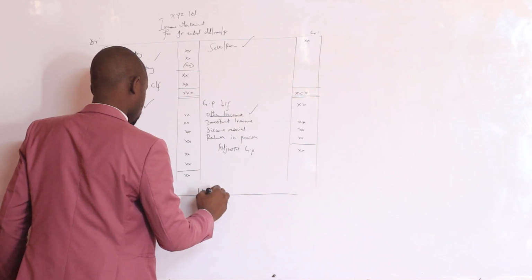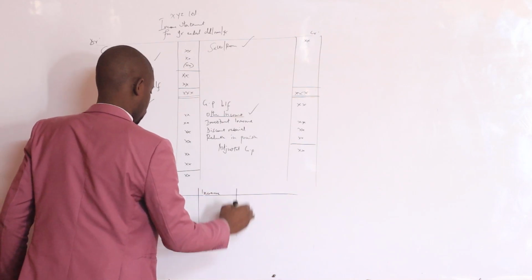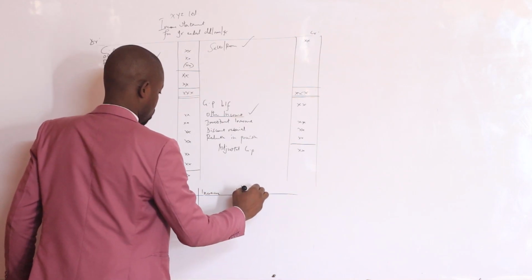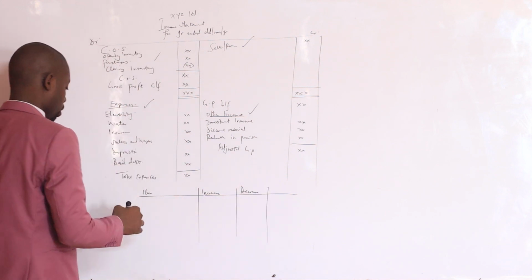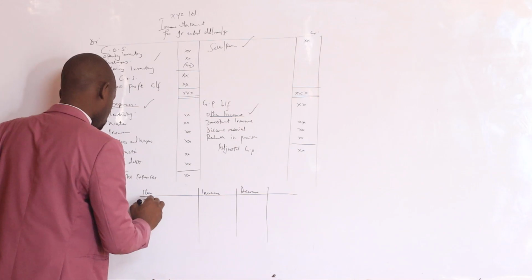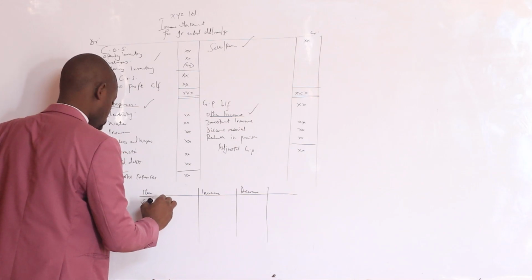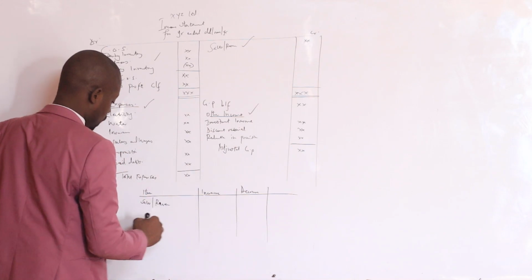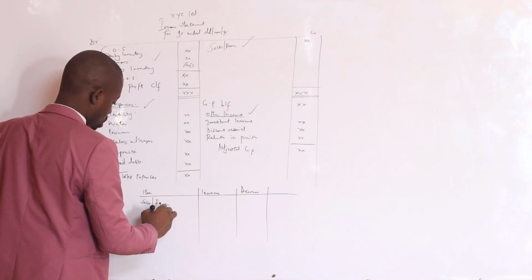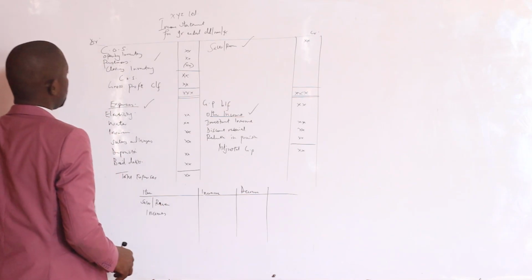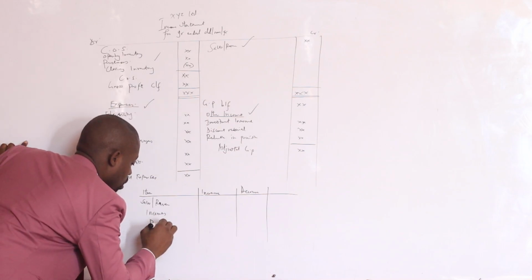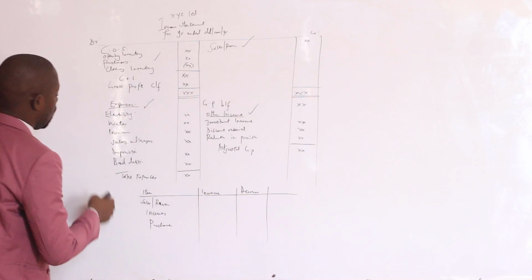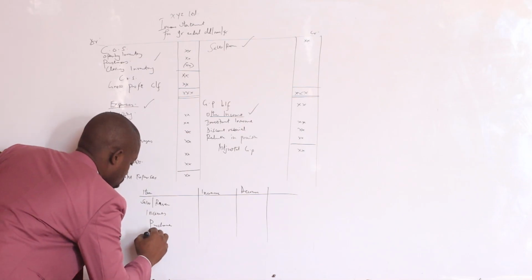You have increase and you have decrease. So the first one, I'll take sales stroke revenue. Number 2, incomes. Then we have purchases, have expenses.